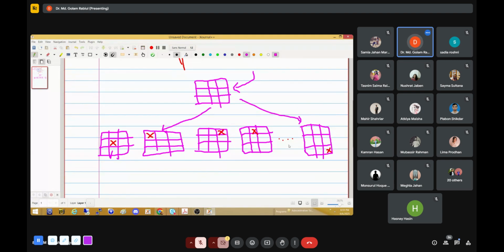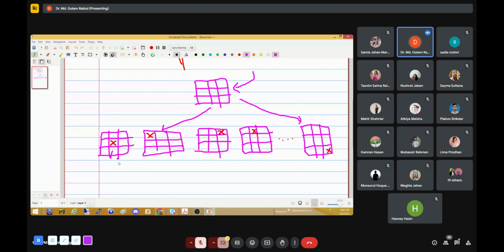But which one is better for me if I have to move first? In that case, where to move? That means we have to evaluate each and every state.